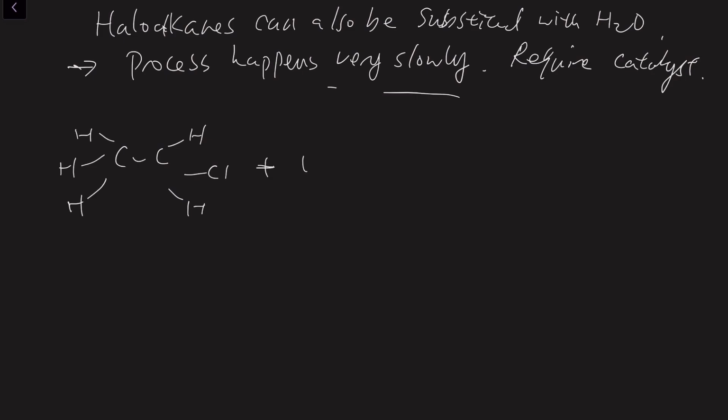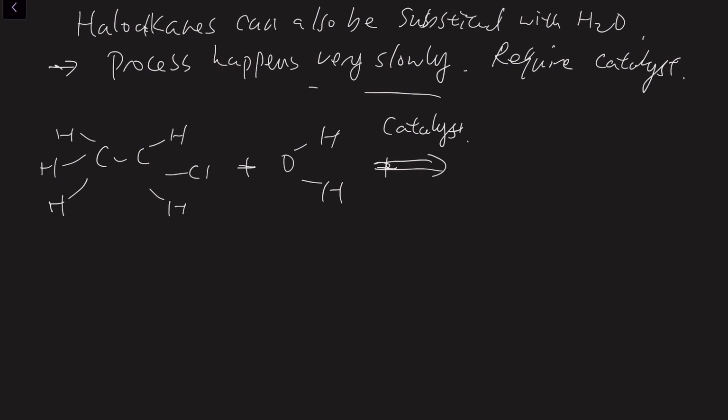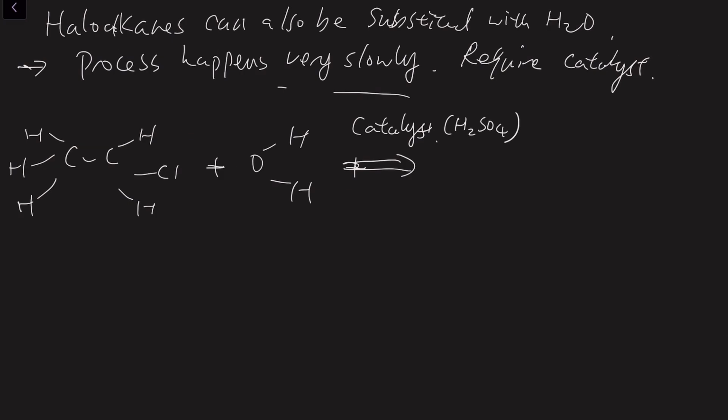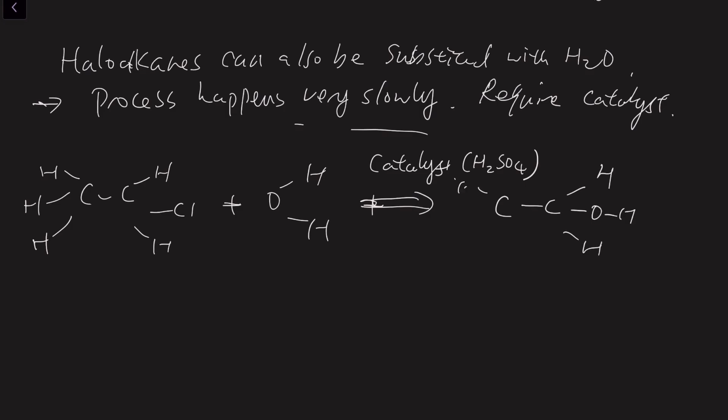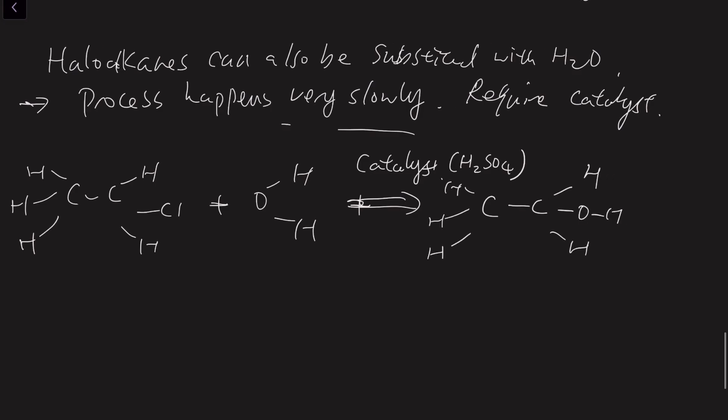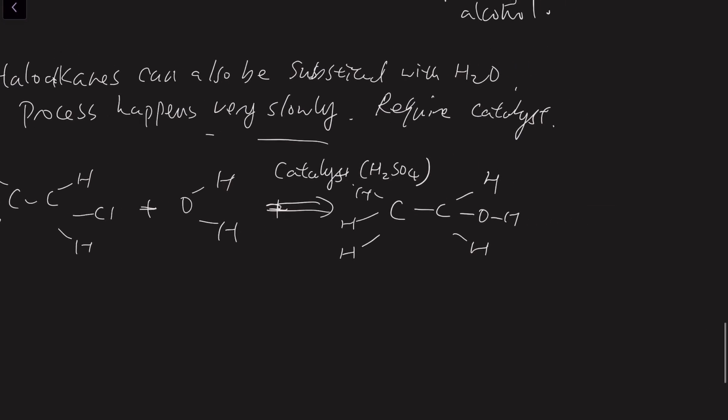So you have a haloalkane and then you have water. You add a catalyst, which is usually some type of acid. It produces alcohol. And one of the leftover hydrogens from the water and the chlorine atom will produce HCl.